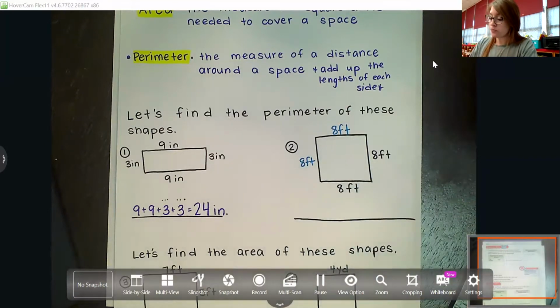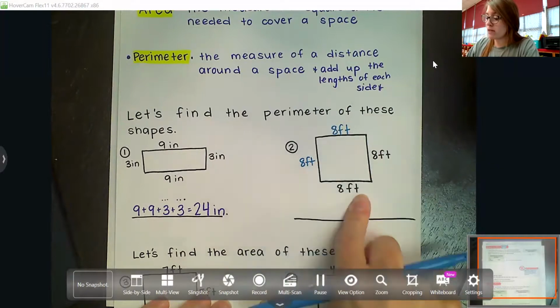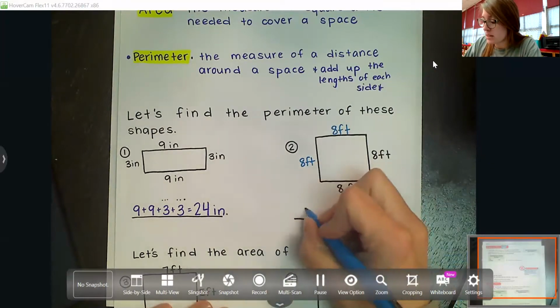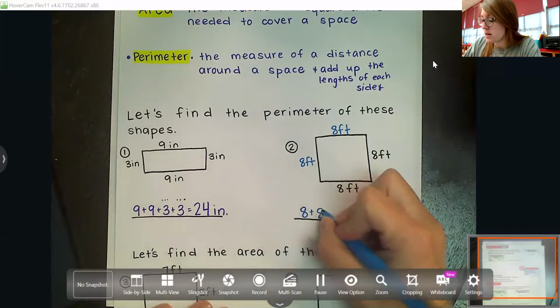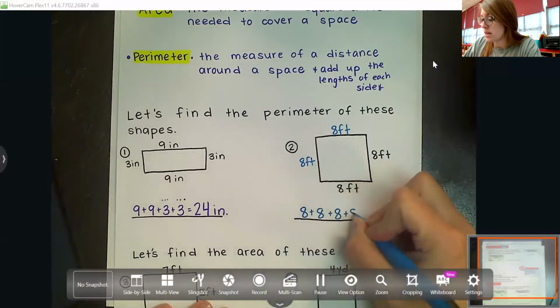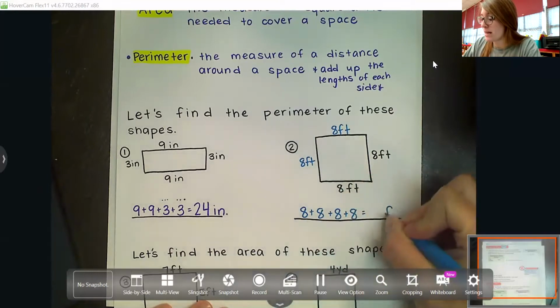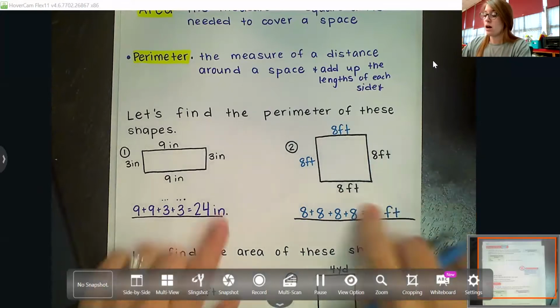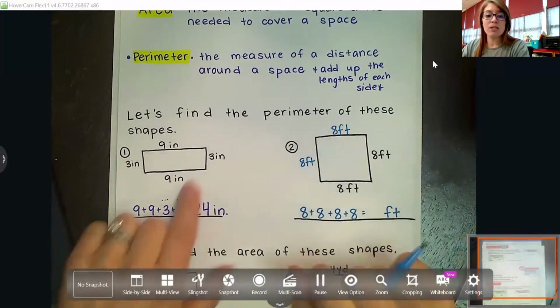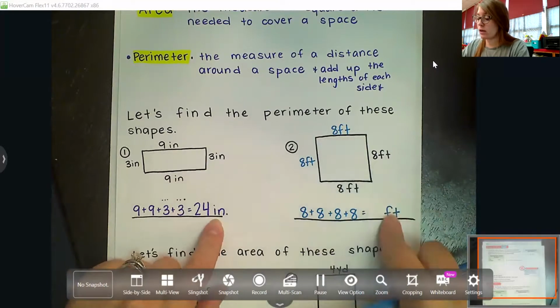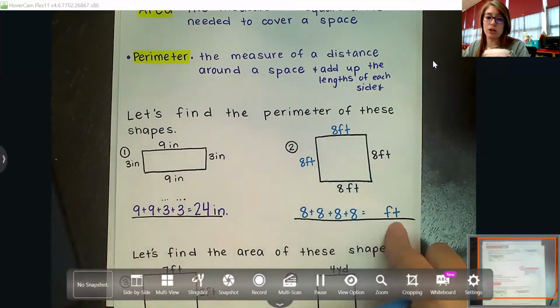Okay, so for the perimeter of this square, I can add up 8 plus 8 plus 8 plus 8 to figure out how many feet the perimeter is. Now notice how I included inches over here and feet over here. That is important to include.